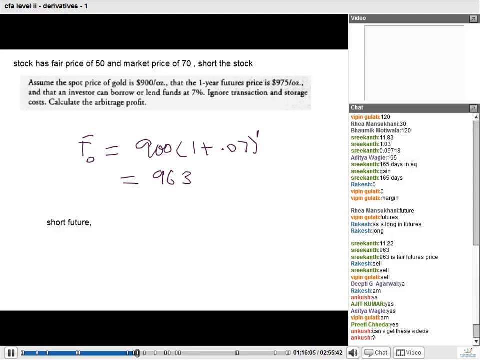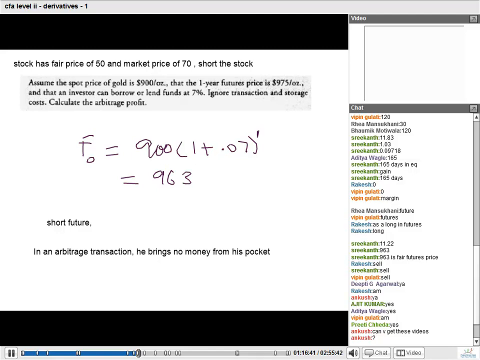Now, an arbitrage is a transaction, or in an arbitrage transaction, the arbitrager brings in no money. So he brings no money from his pocket. So whatever has to be done to exploit the market anomaly by using borrowing or lending or by using the market instruments.